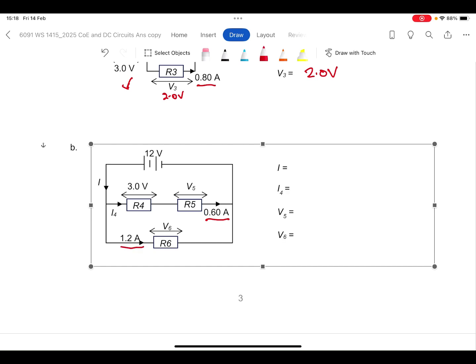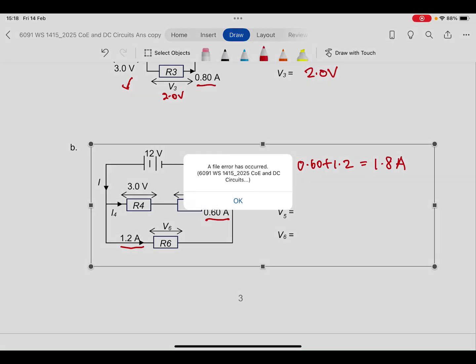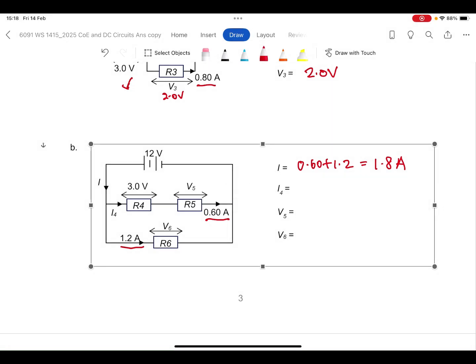So the main current in the circuit will be 0.6 plus 1.2, which is 1.8 amperes. Then I4, the current flowing in the first branch, is already given as 0.6 amperes. Note that whether it's R4 or R5, the current flowing across them will be the same, 0.6 amperes.